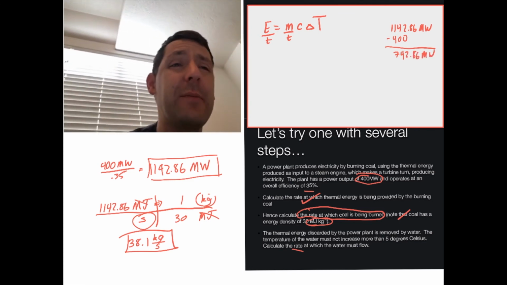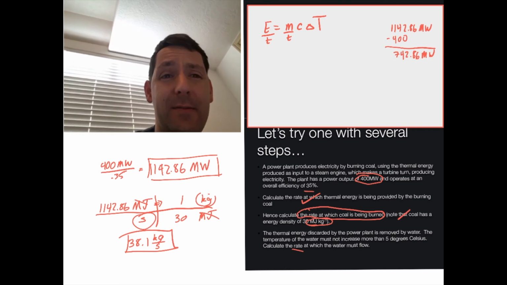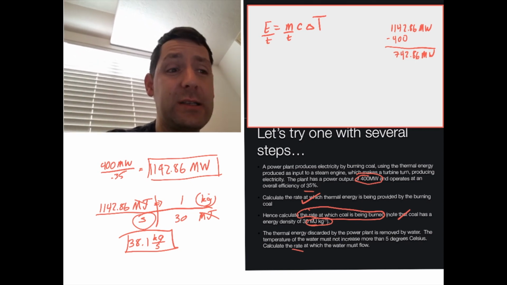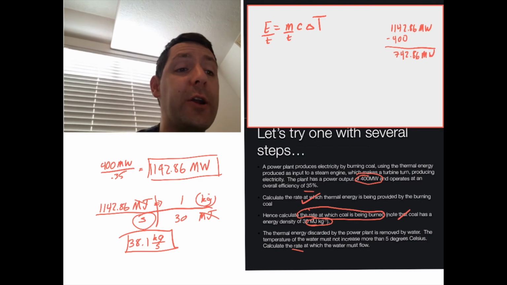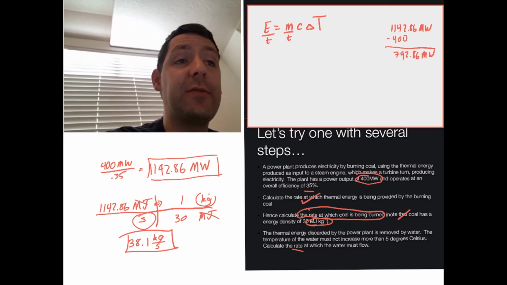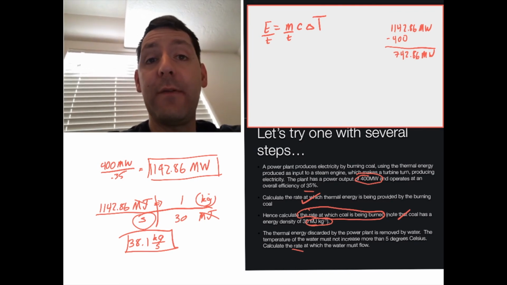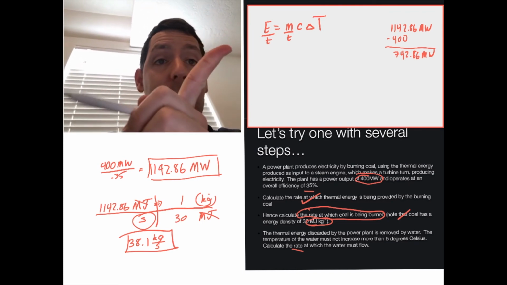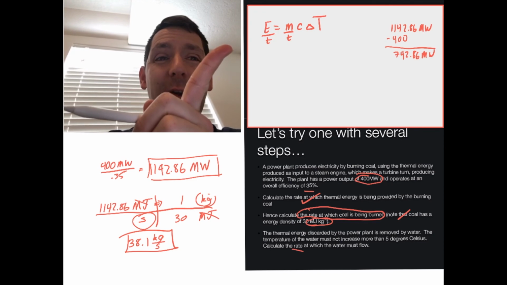I'm thinking that's probably the amount of energy that's being lost and being put into the water. From there I can use that, because now look at my formula. My formula up here has energy over time, which is power.